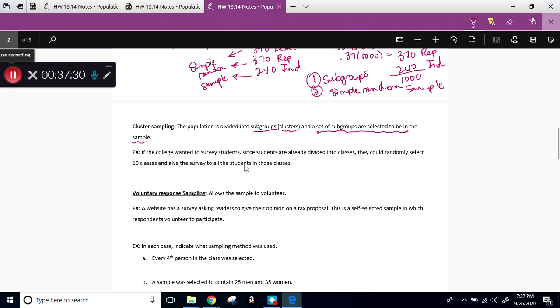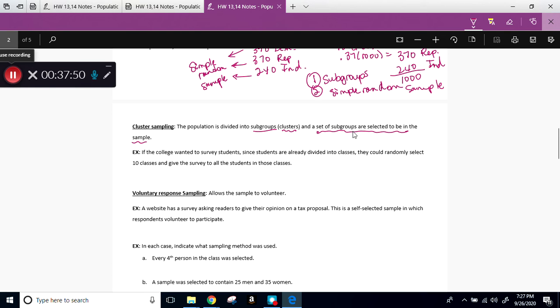And maybe I wanted to just say, okay, a population is divided into subgroups. It's my 8 classes. And out of that, a set of subgroups is selected to be the sample. So I'm going to pick 3 of the 8 classes. And that's going to be my cluster sampling.